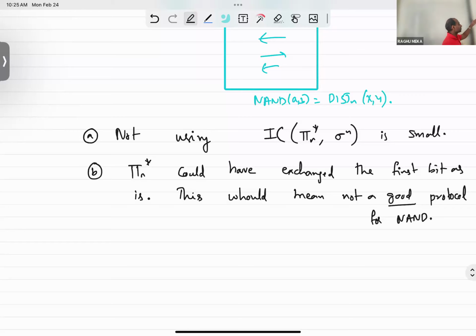Okay, so we need to address both of these issues. How about the first one? Any suggestions on how to fix that? How can we bring sigma to the n into the picture? And recall, what was sigma?